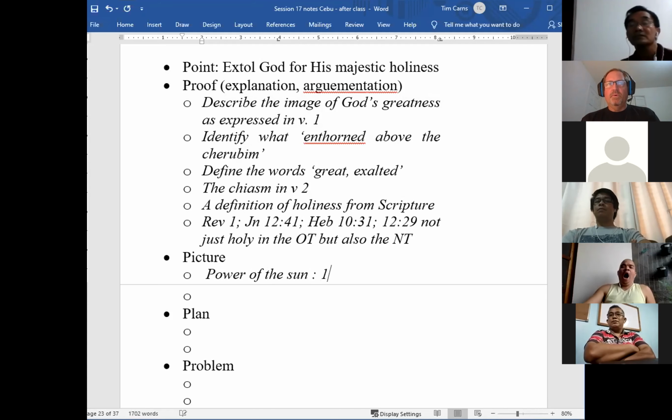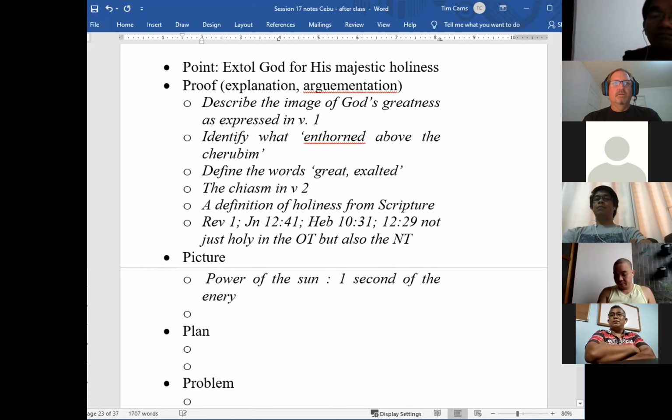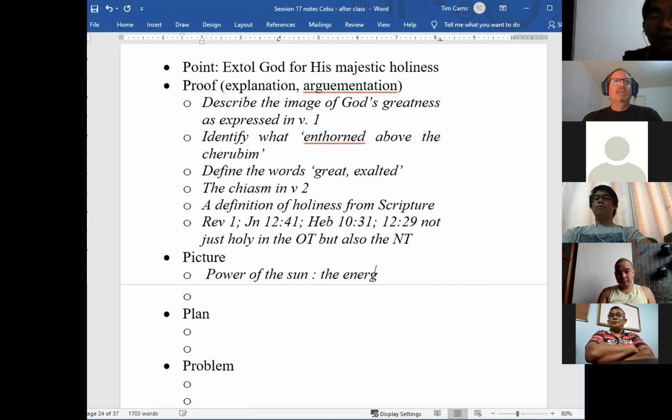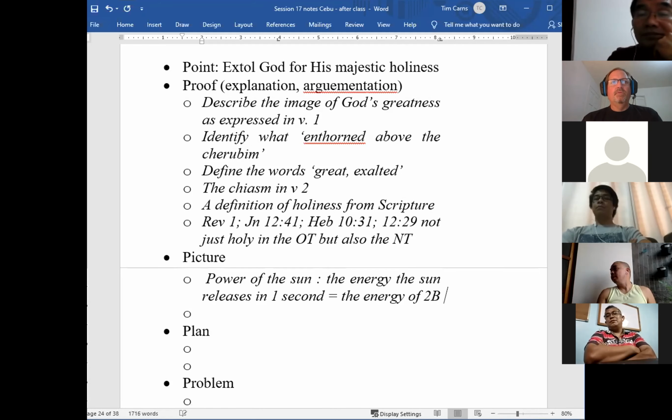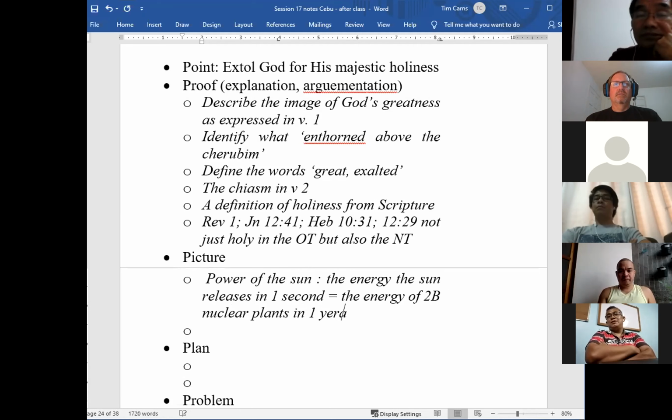Do you guys realize, by the way, or let me say it this way: the energy the sun releases in 1 second is more than the energy 2 billion nuclear power plants produce in a whole year.